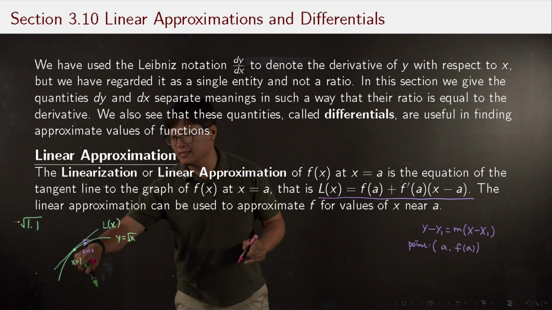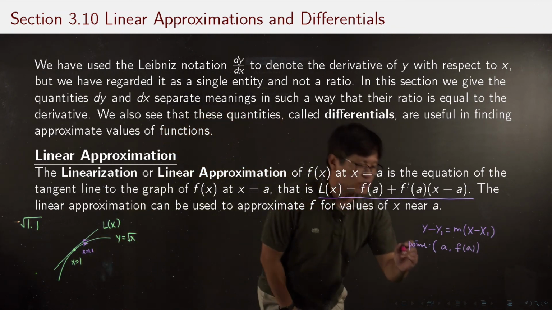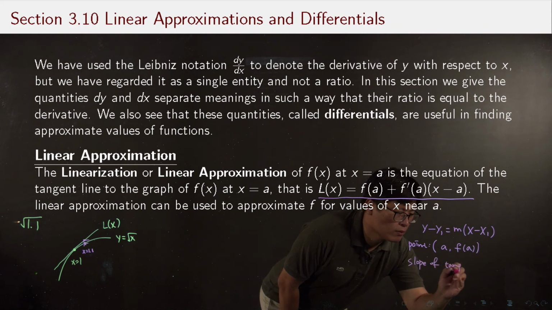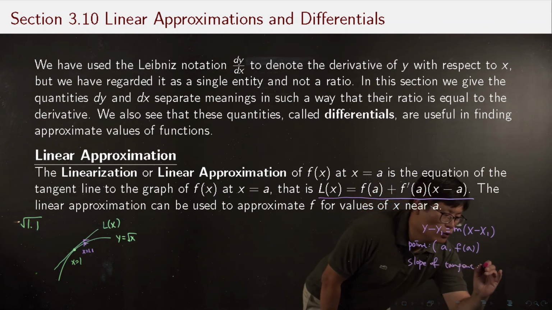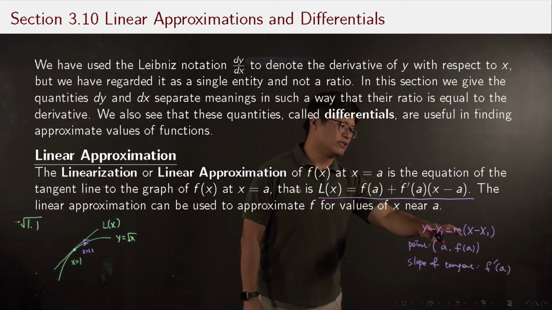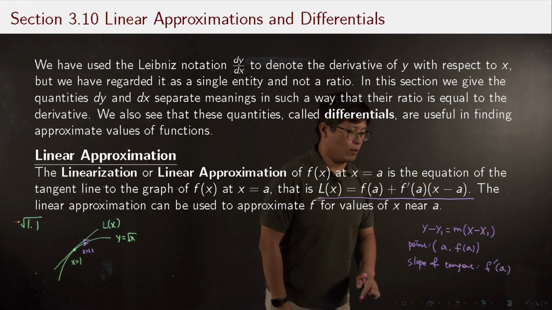For this one, it is x equals 1, okay? Then what is the slope of the tangent? It is denoted by f prime of a, okay? Just putting these values back instead of m, x1 and y1.